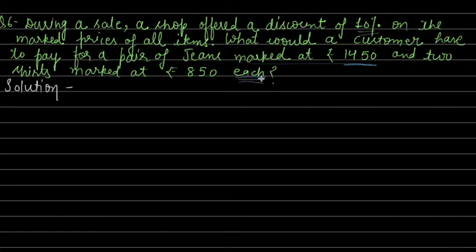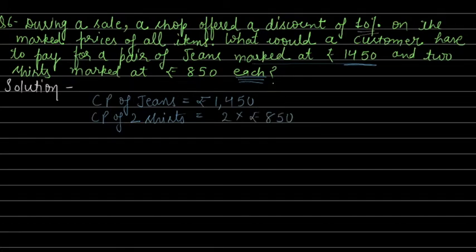It means the CP of jeans is how much? It is given as rupees 1450, right? And if I calculate the CP of two shirts, how much will it be? 2 into rupees 850, because this is the price of one shirt. 850 each is written here. How many shirts have you taken? 2.